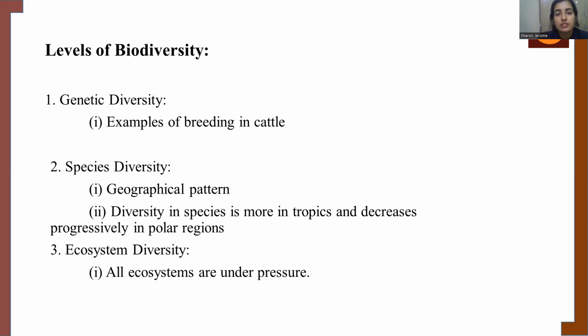So when a lot of stress or strain is placed on that ecosystem, it affects the balance of the ecosystem, which in turn affects the biodiversity of that particular ecosystem. So that is why there is ecosystem diversity in terms of biodiversity.